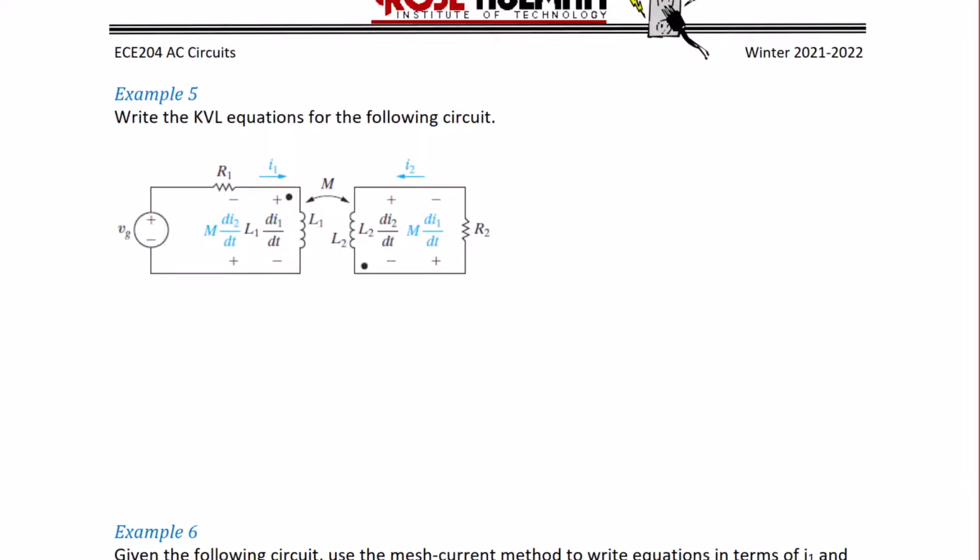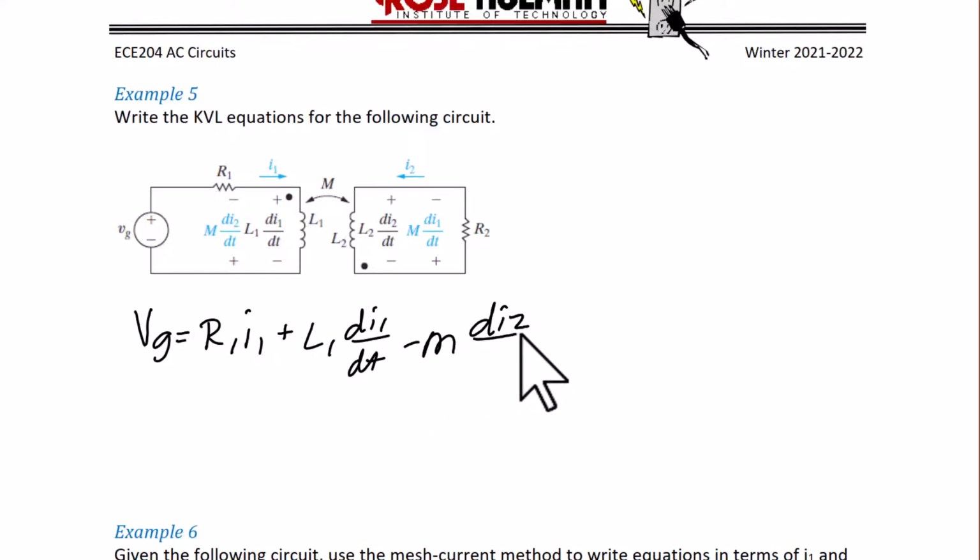All right, now let's try example 5. So KVL at mesh 1 is going to be VG equals R1 I1 plus L1 di1 dt minus M di2 dt. That's the self-inductance and the mutual inductance.